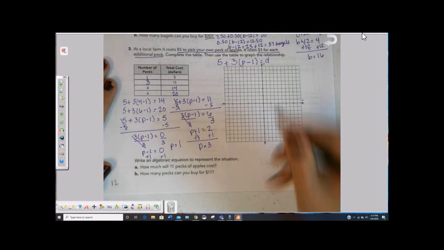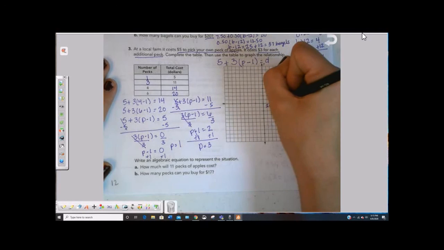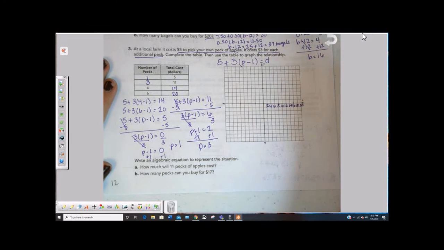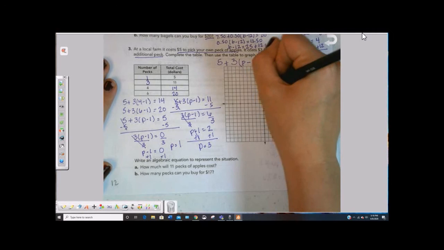Perfect. Now we're going to graph. We're going by 2s. If you want to write the 2s, go for it. So 2, 4, 6, 8, 10, 12, 14, 16, 18, 20.